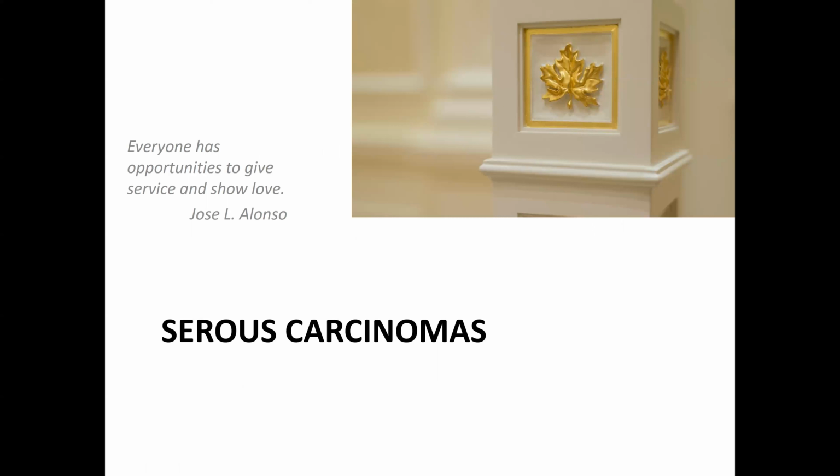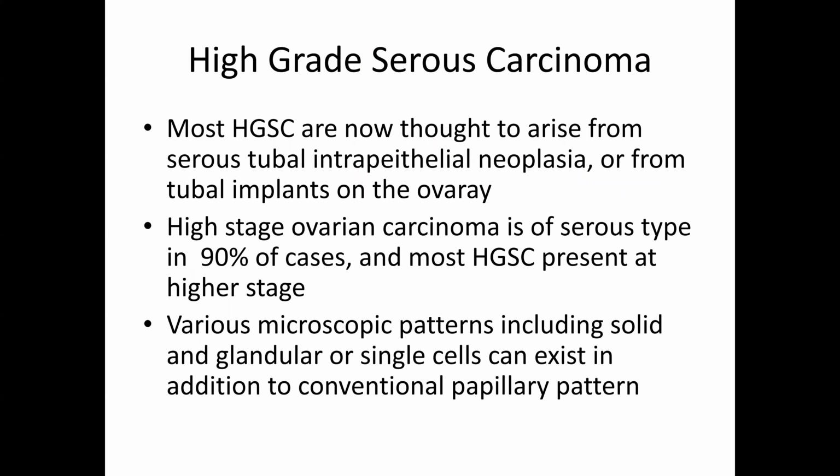So let's move on to the clearly serous carcinomas, which can be such a common event in a busy gynecologic oncology center. High-grade serous carcinoma, as I indicated, is something we see virtually every week. And most of these are generally thought now to arise from serous-type epithelial neoplasia or from potentially tubal implants on the ovary.